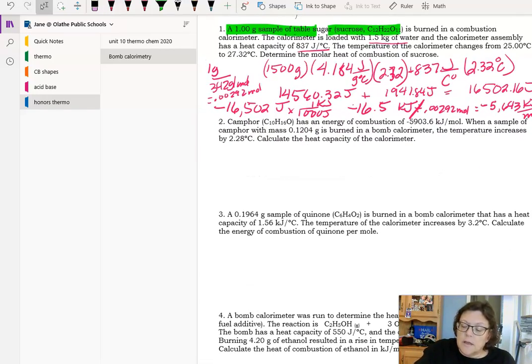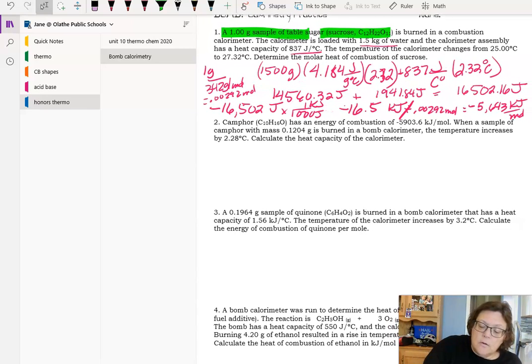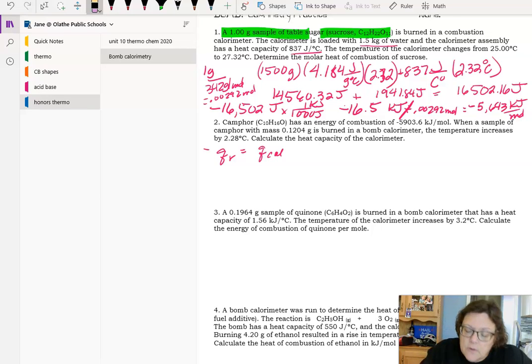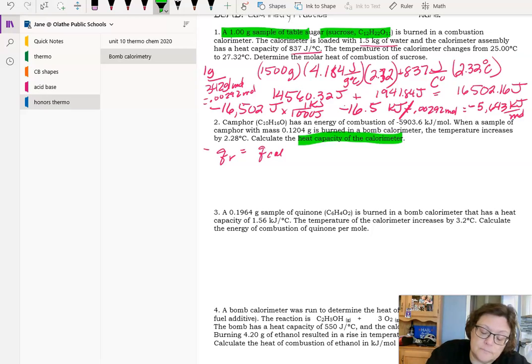The next one, we're going to have to kind of work backwards. We know that the energy of the reaction is equal to the energy of the calorimeter plus the energy of, we don't have to deal with water in this one. So the first thing we're going to do, and it's asking us to calculate the heat capacity. So first we're going to use the energy we were given and figure out how many moles we used so that we can get the energy in the reaction.